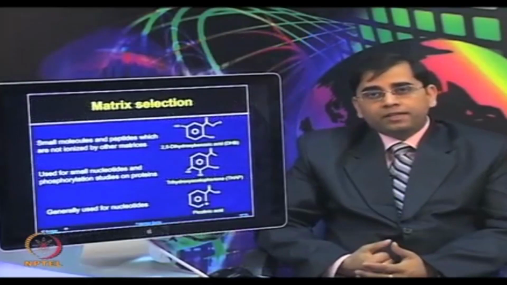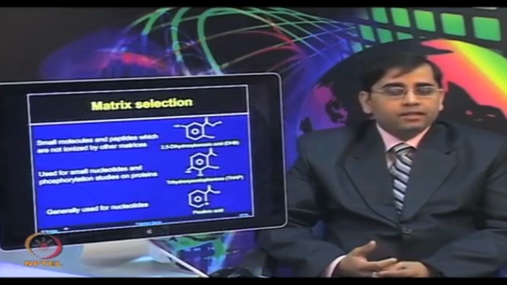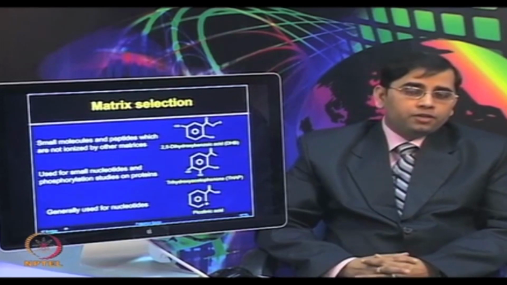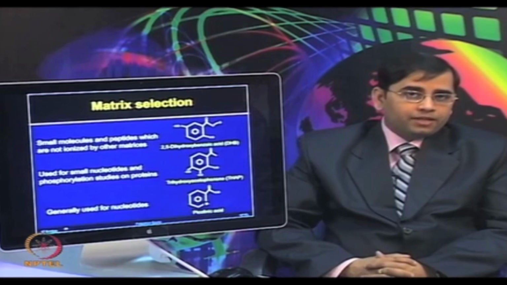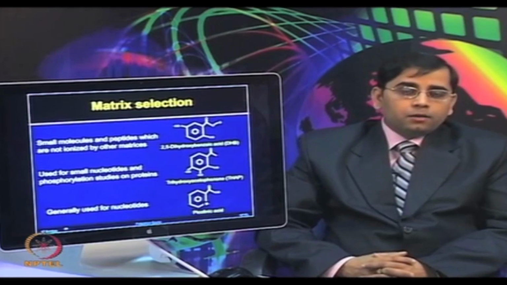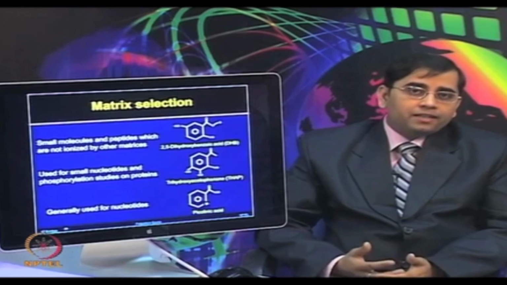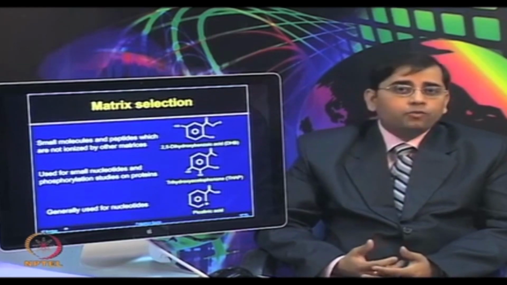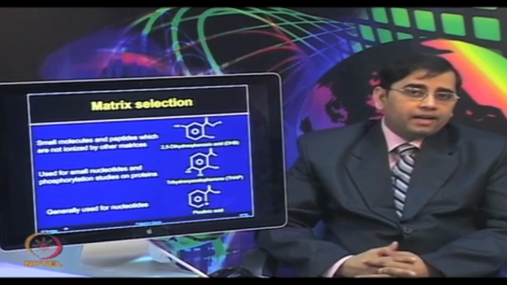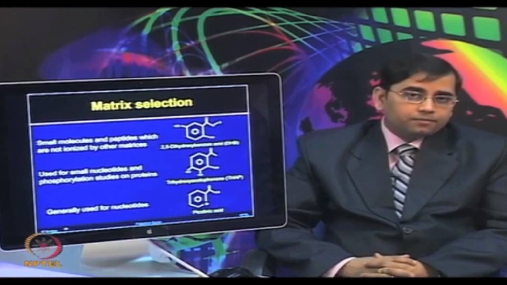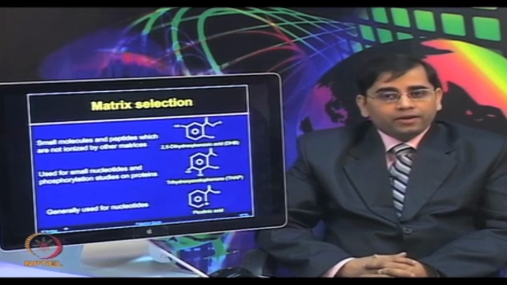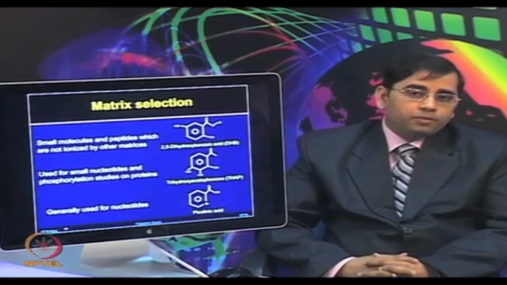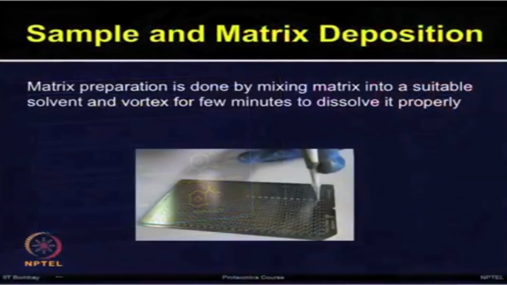These are only a few representative matrices. As you can see, there are many options available for selecting the matrix depending on the molecular weight and the type of application. But regardless, these matrices absorb energy from the laser source and convert both matrix and analyte into the gaseous phase. The matrix can also ionize the analyte molecule by providing energy which comes from the laser bombardment.